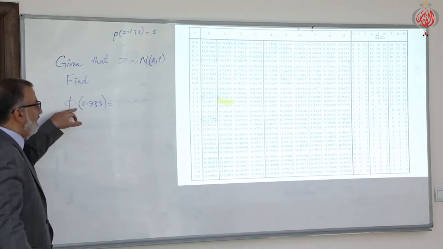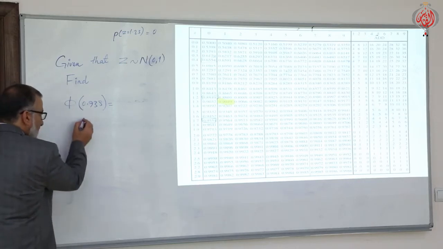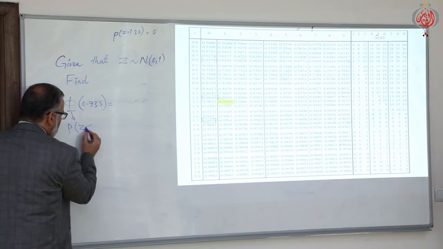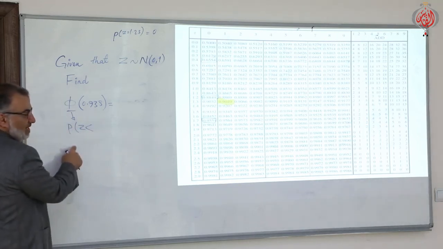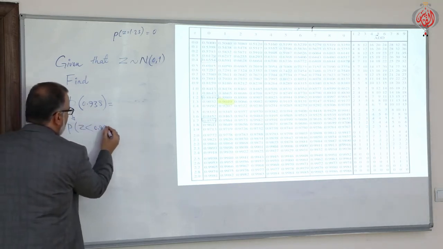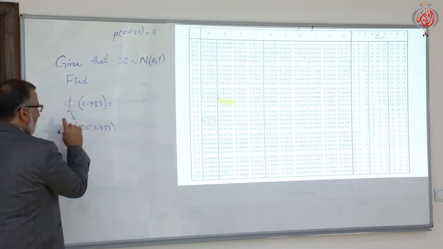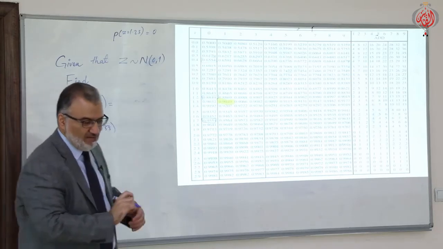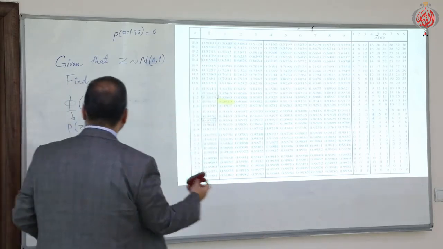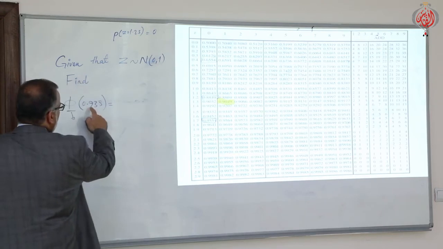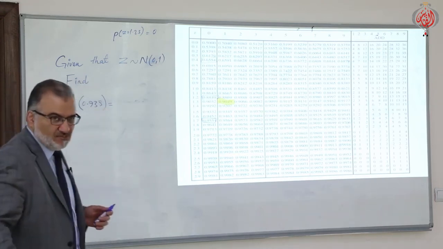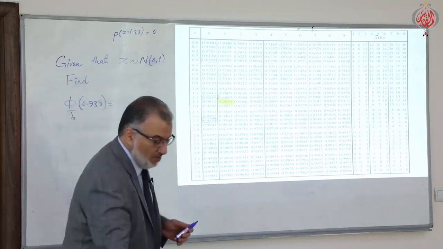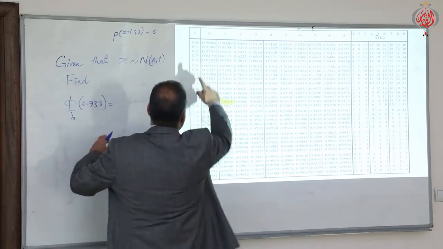The meaning of phi 0.938 is the probability of z less than 0.938. Since we have phi positive, I can go to the table and find the answer. How to find the answer, especially if we have 3 decimal places here? We will go here to 0.9.